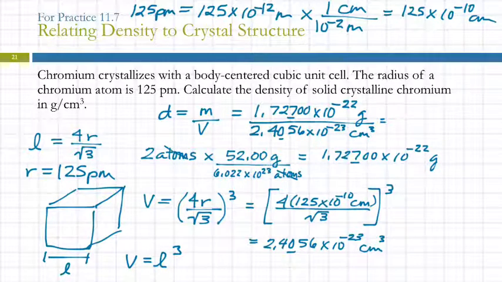So I've got 1.72700 times 10 to the minus 22 divided by 2.4056 times 10 to the minus 23. And I come up with, after all that craziness, I should have 3 sig figs here, so it's going to round to 7.18 grams per cubic centimeter.